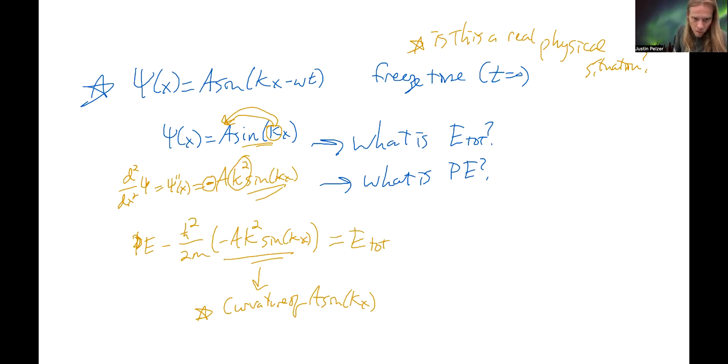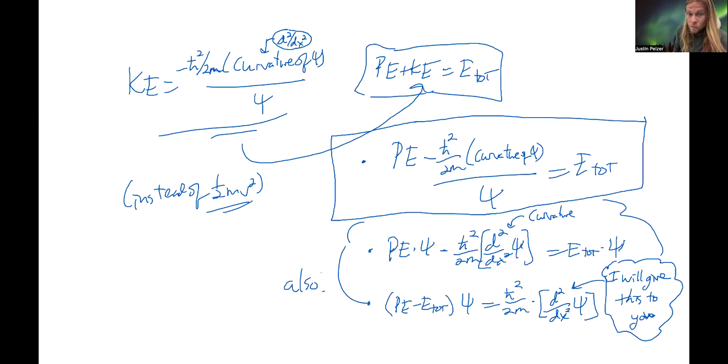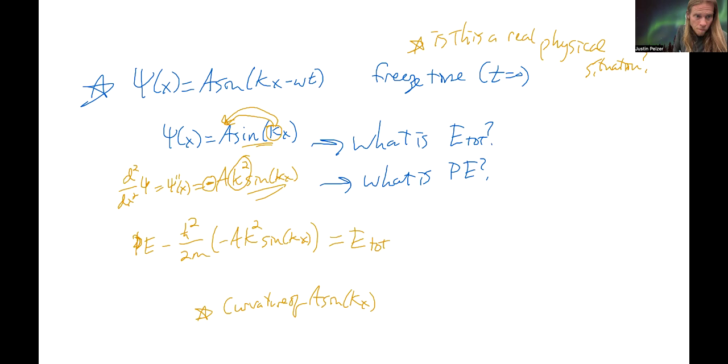And I realize I've cluttered my drawing. So let me erase. And remember, we need to divide by psi. In Schrodinger's equation, we need to divide by psi. Please don't forget that. So I'm just literally plugging this into the equation very slowly.